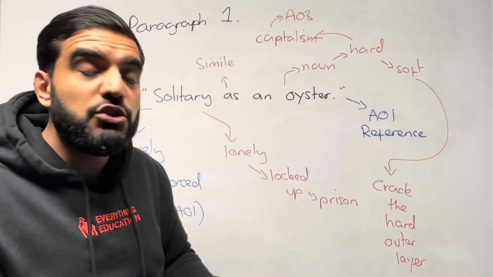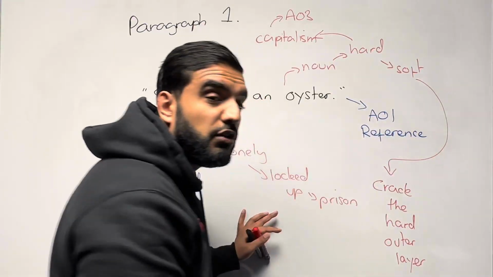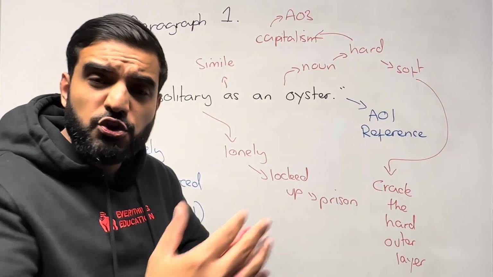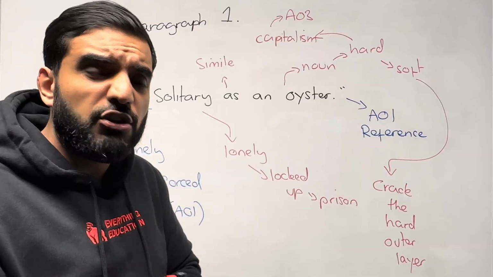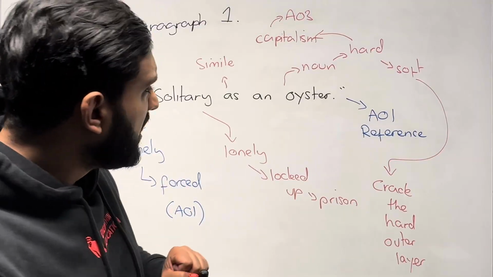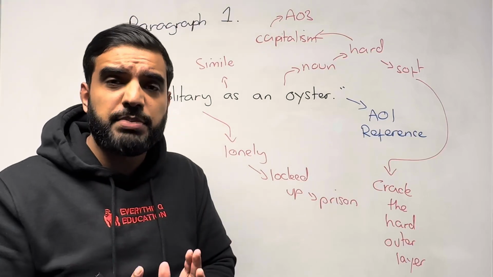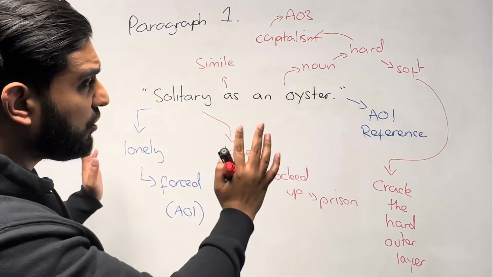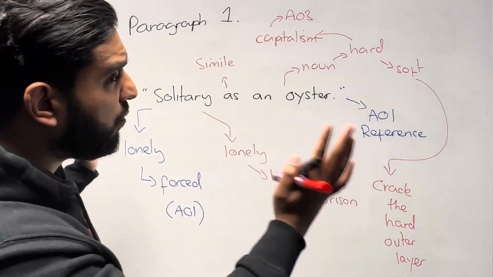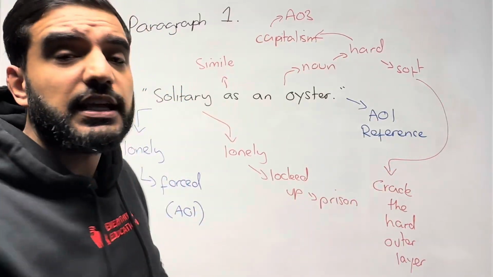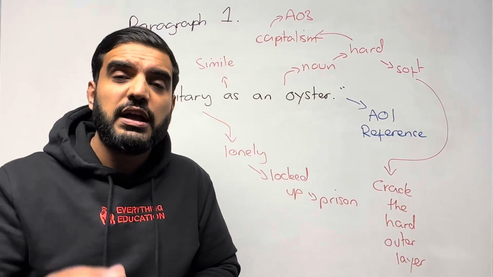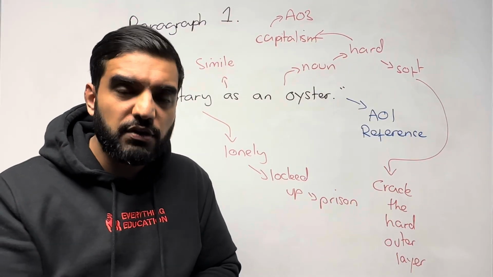Now guys, obviously you can't talk about all of this in one paragraph. It's probably too much. But when you're building your paragraph, you might say, you know what, I'm going to talk about that word there, I'm going to talk about that word there, and that is enough to build my paragraph. But here is one quote, one point, and one potential analysis that you can use when talking about how Scrooge is a lonely character.